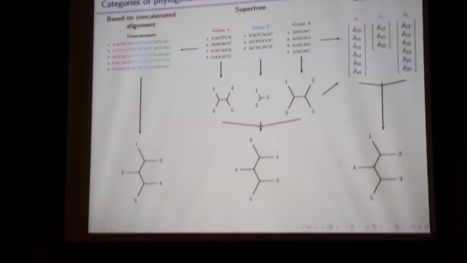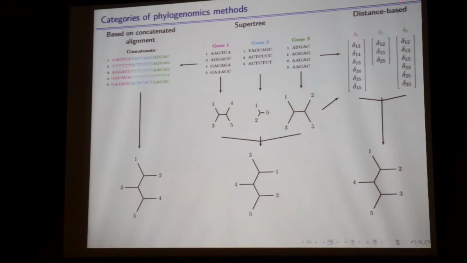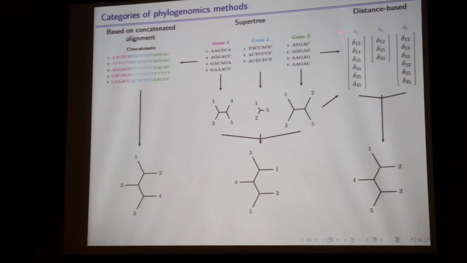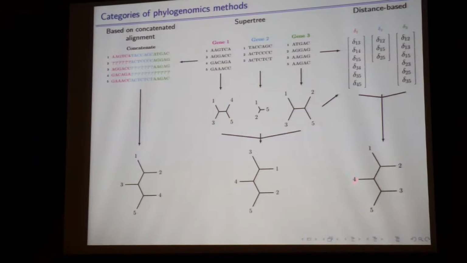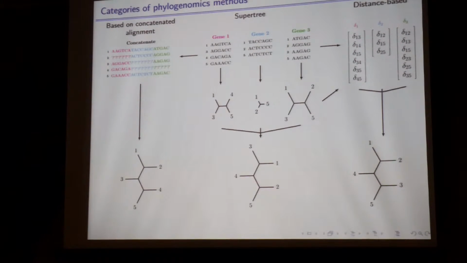And the third kind of method I am particularly interested in are the distance-based methods. For this method, you estimate a distance matrix for every gene alignment, and then you directly compute the species tree from these distance matrices.